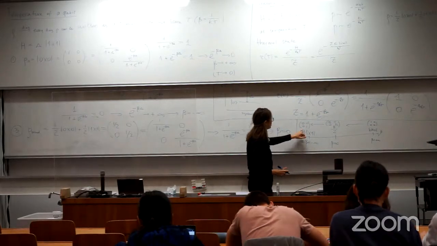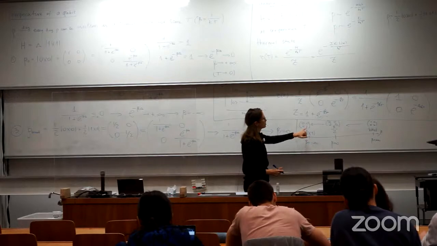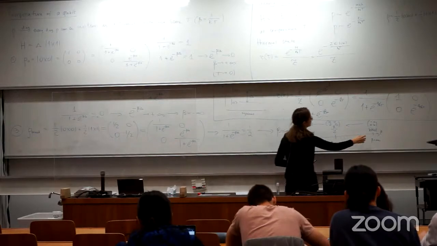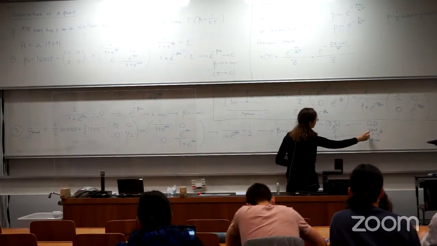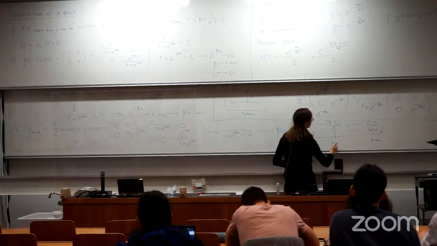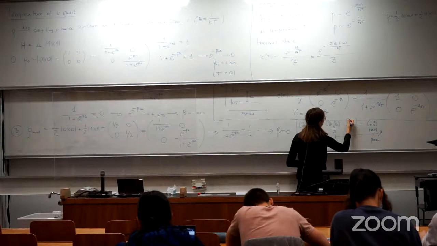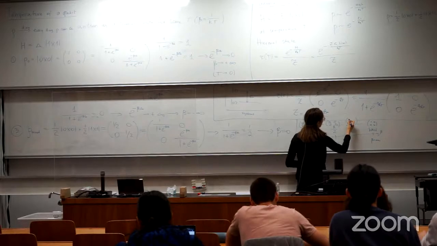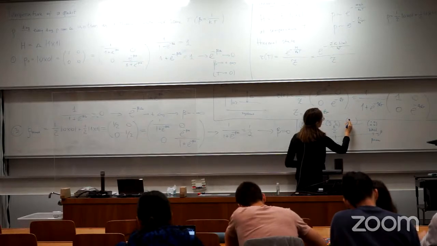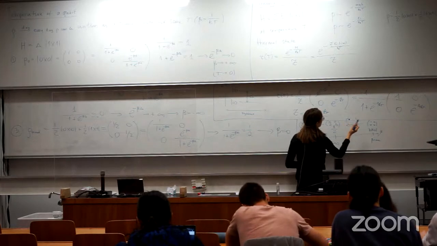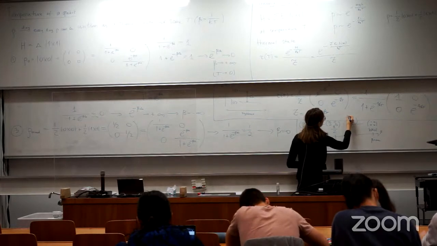If we move between plus infinity and 0, most of the population would be in the diagonal element corresponding to |0><0|, and less in the other.